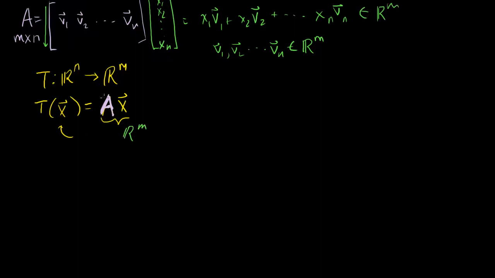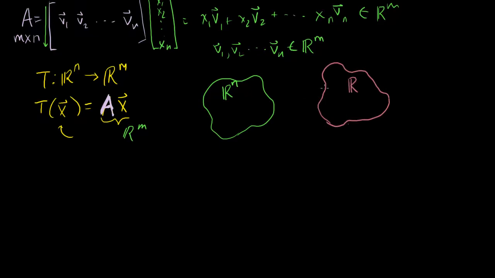So clearly, by multiplying my vector x by A, I'm creating a mapping from Rn to Rm. And I'm saying it in very general terms. Maybe n is 3, maybe m is 5, who knows? If this is a particular member of set Rn, our transformation or our function is going to map it to this guy right here.